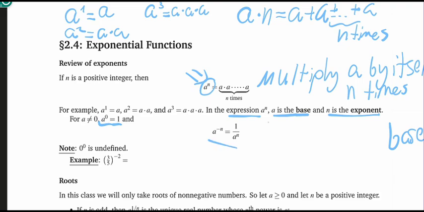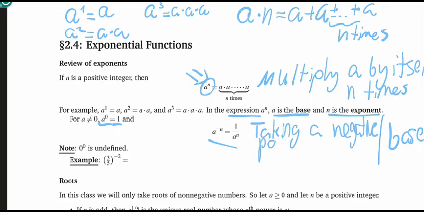So taking a negative power is the same as taking a reciprocal.